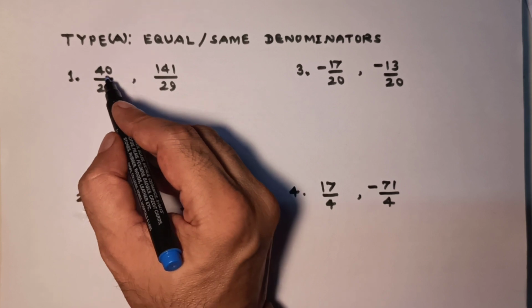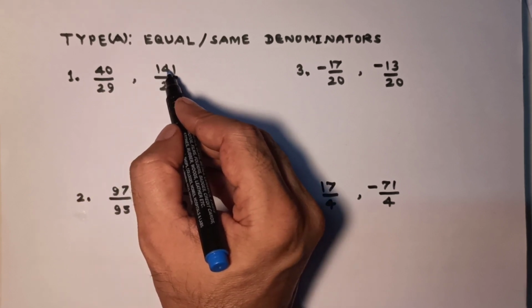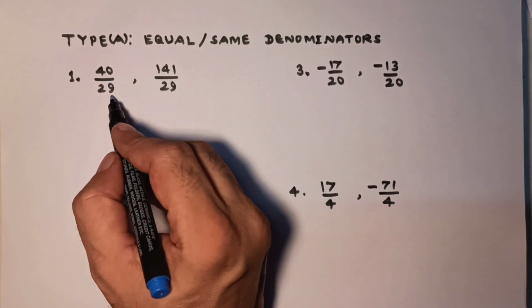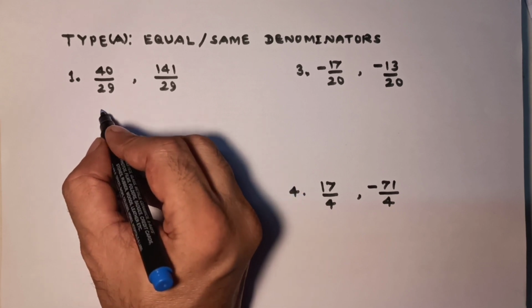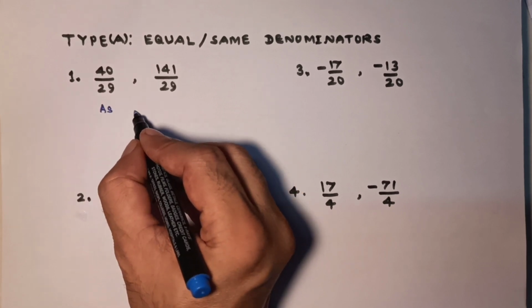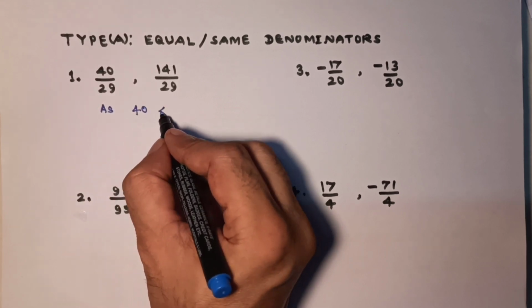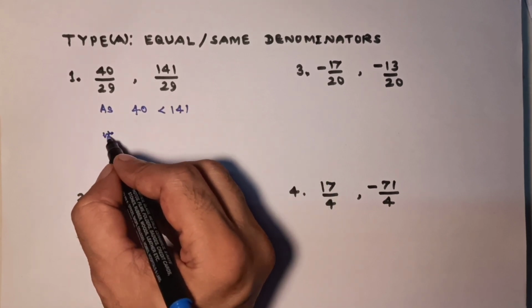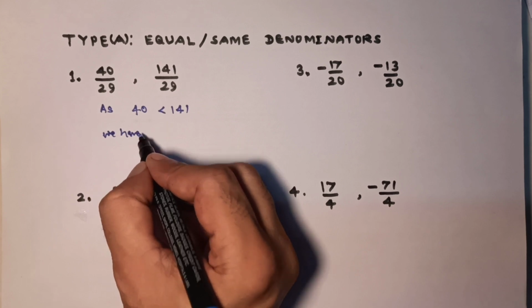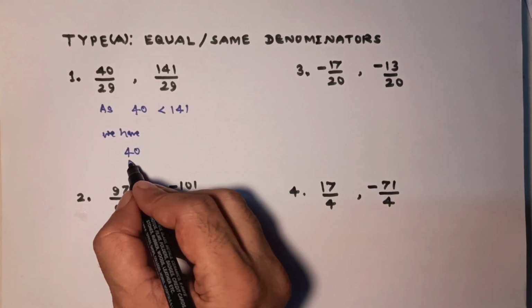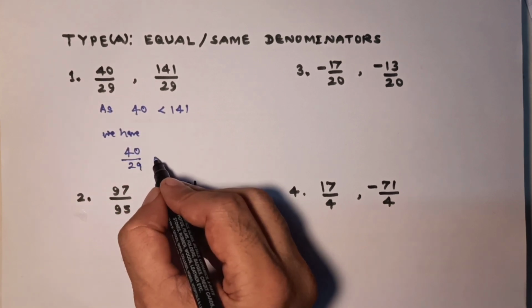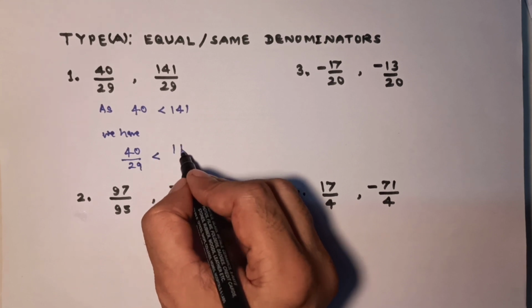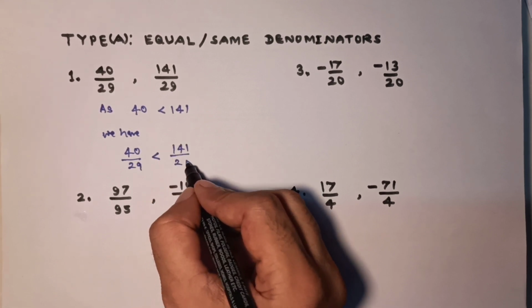Just compare only the numerators, because the denominators are the same. So you can say 40 is less than 141, so 40/29 is less than 141/29.